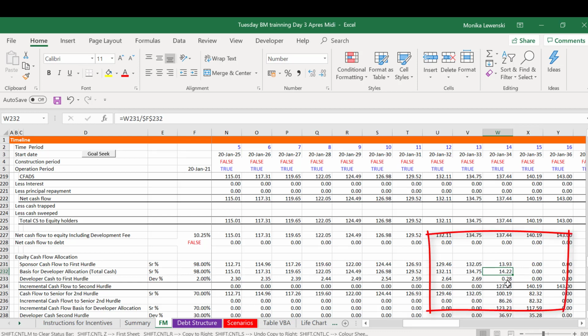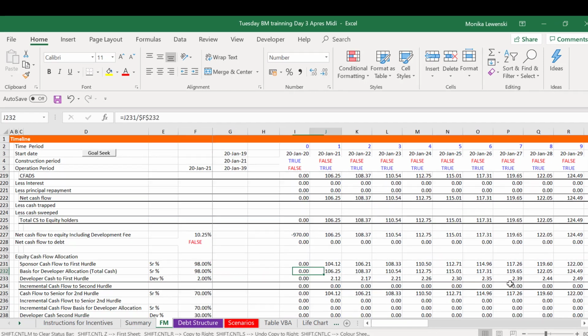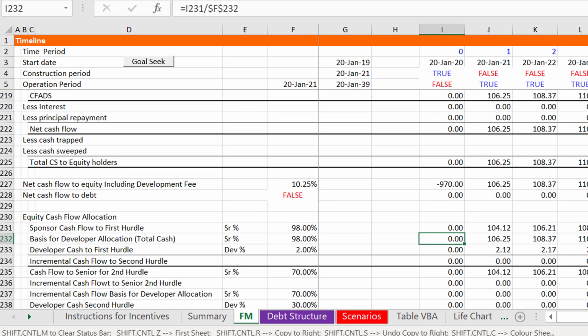And the big trick, and it's a very important one that I didn't explain well enough in prior videos, is you take the senior amount and divide it by the 9.98%, so you get back to the basis. This is the total cash flow.